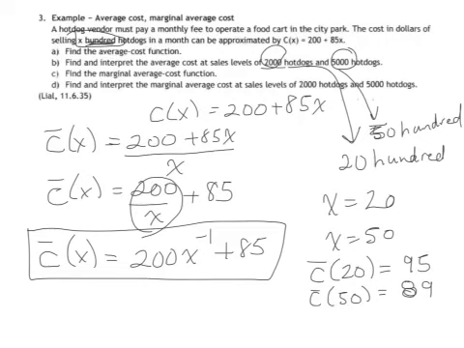So if we were to interpret that, we could see that the average cost at sales levels of 2,000 was 95, and the average cost at sales levels of 5,000 is 89. So you can see that the average cost goes down at higher sales levels.